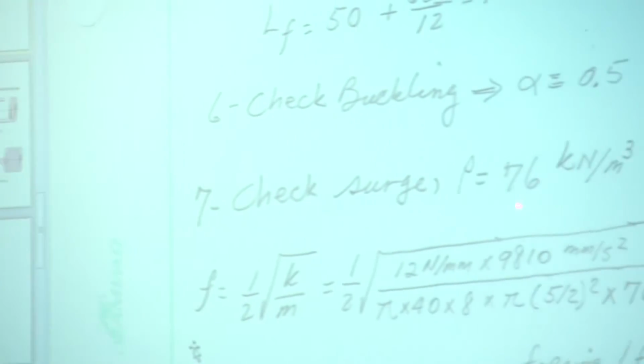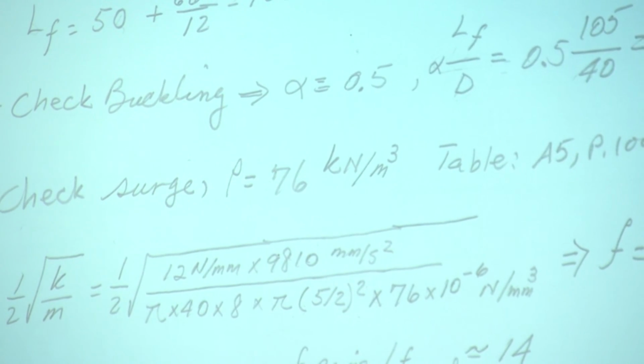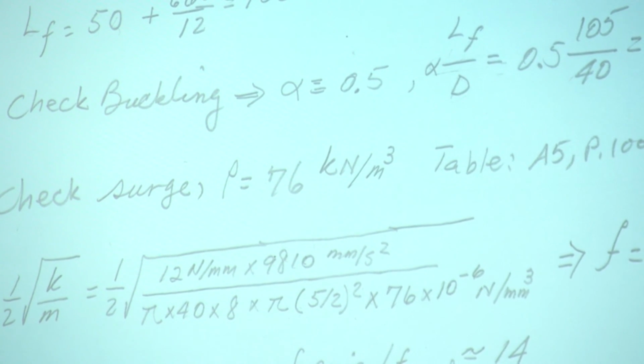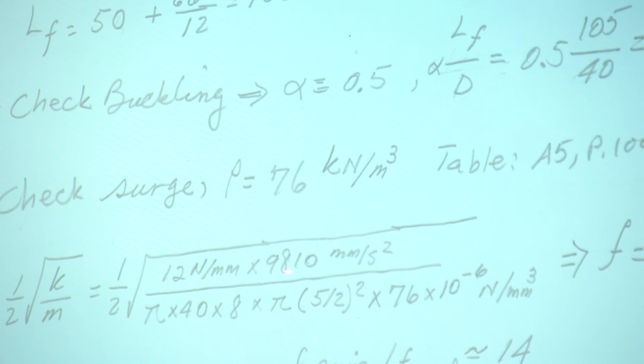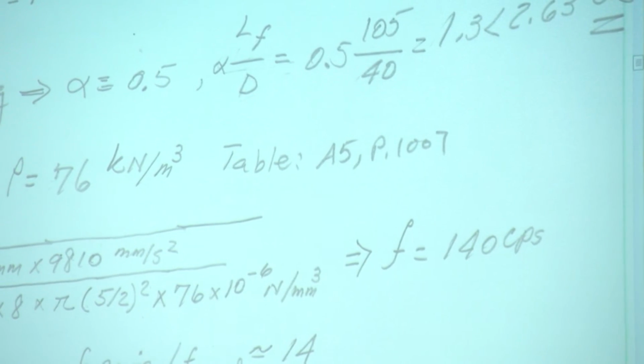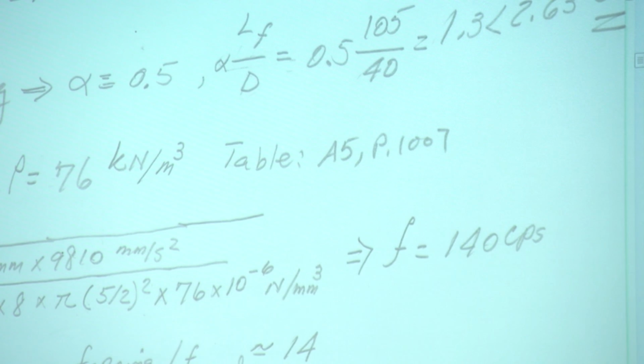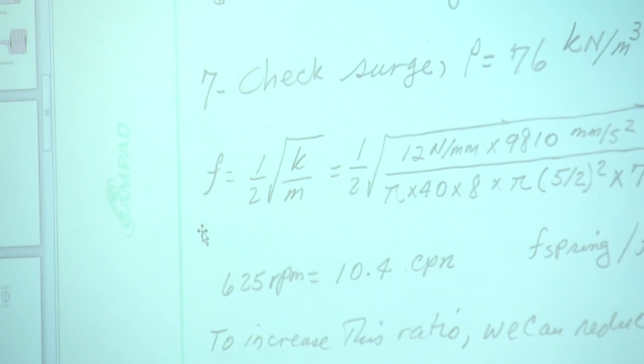Check surge. Rho is 76 kilonewtons per cubic meter. That's the unit weight of steel. It comes from table A5. And f equals 1/2 times the square root of k over m.